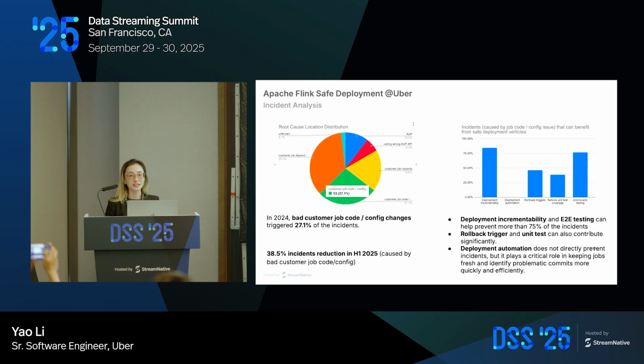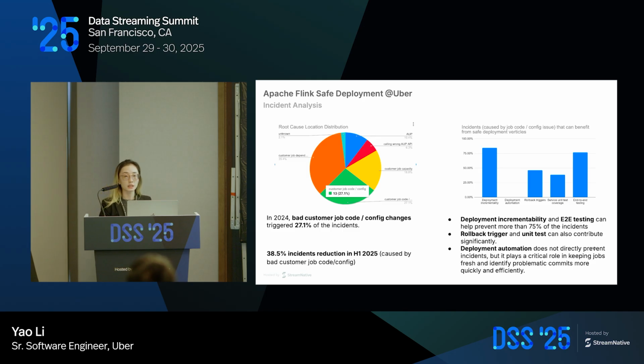So let's talk about the incidents. We looked at all the incidents related to Flink in the last year, and we noticed that around 27% of the incidents were caused by bad customer job changes. On the right side, you can see most of the incidents could benefit from, or even be avoided by, adopting the features or guardrails in four of the verticals.